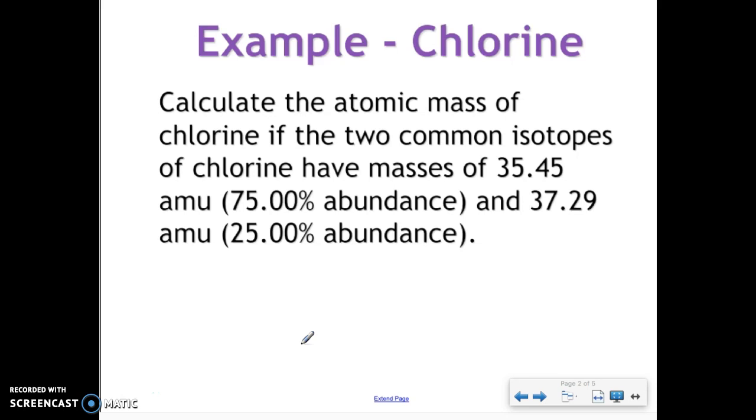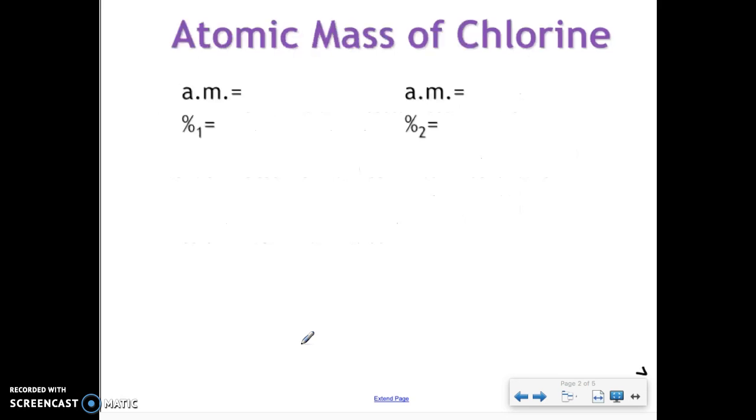And then they tell us that the other mass is 37.29 AMUs, and there's 25% of that isotope. We're going to take that information, plug it in with our knowns and unknowns, and then plug it into the equation to solve for the decimal number, the atomic mass from the periodic table.